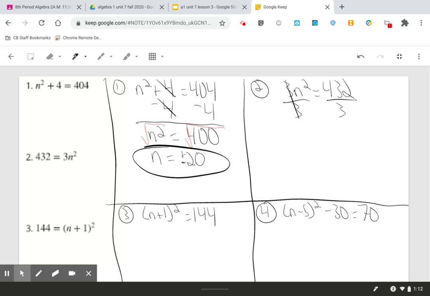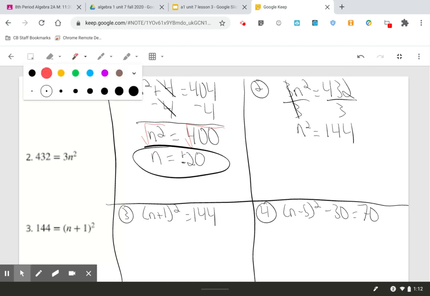So I end up with n squared equals 432 divided by 3, which is 144.